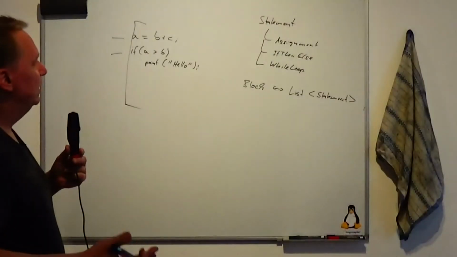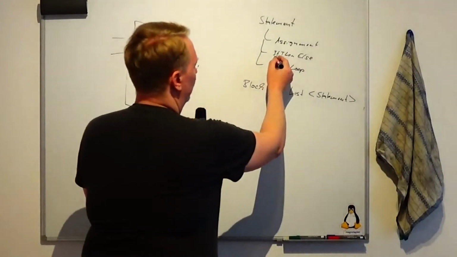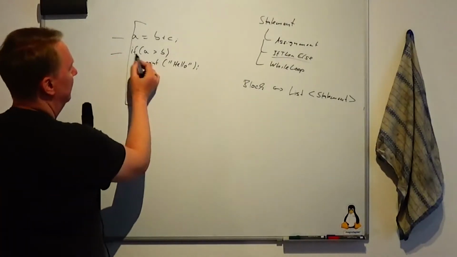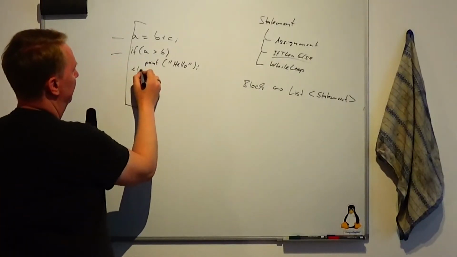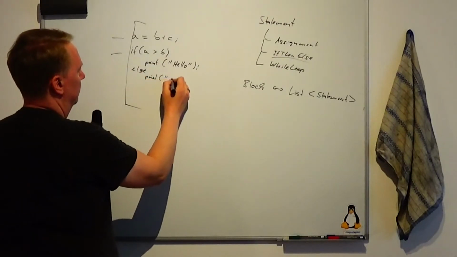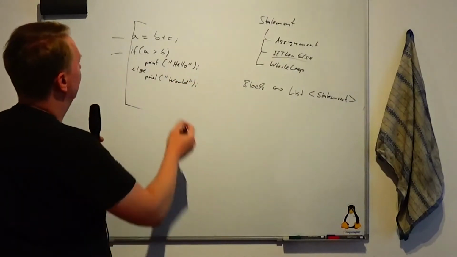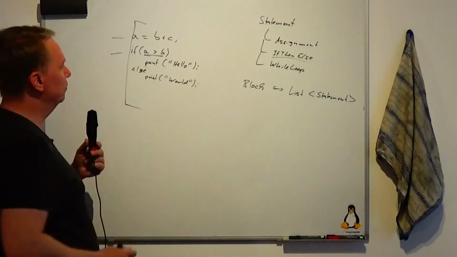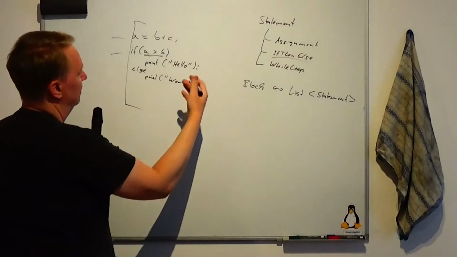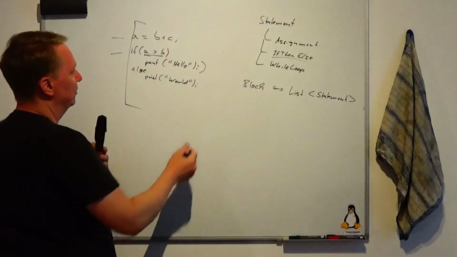And then we just need to talk about what would be the attributes of an if then else. Well, an if then else has a condition, and if that condition evaluates to true, then the then case is executed.